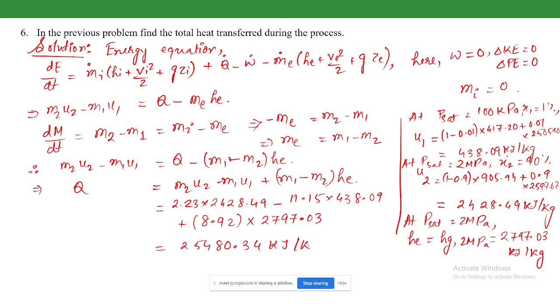Sorry, not kilojoule per kg, because we are already multiplying with mass. Therefore the heat transferred will be 25.48 megajoule. So the final heat transfer during the process is 25.48 megajoule.